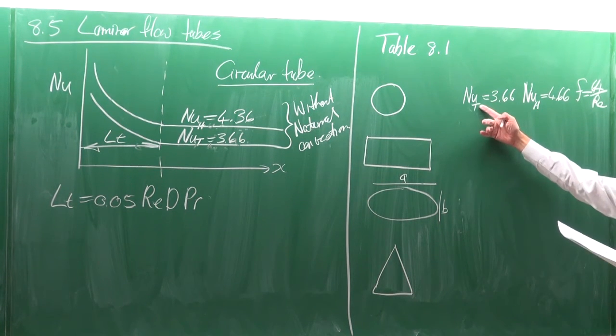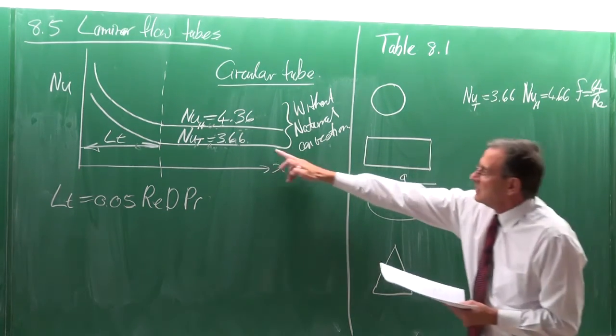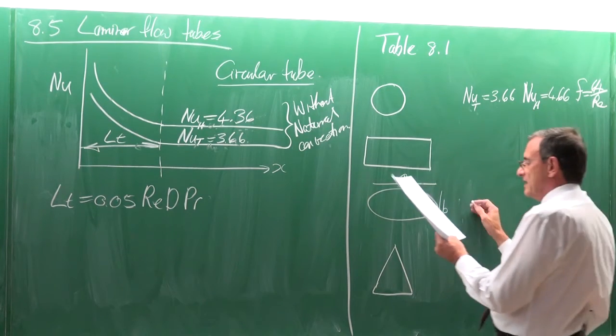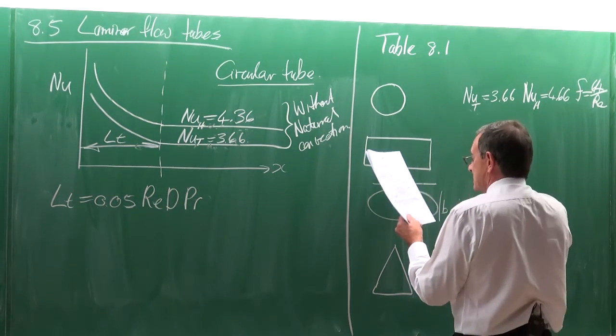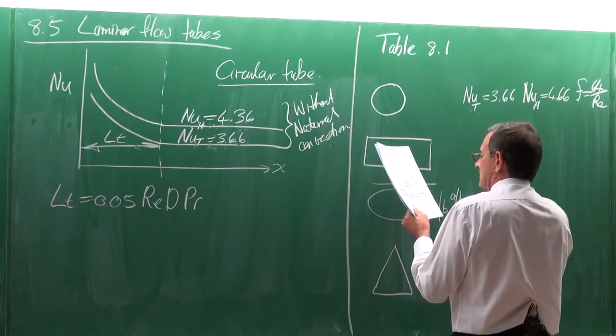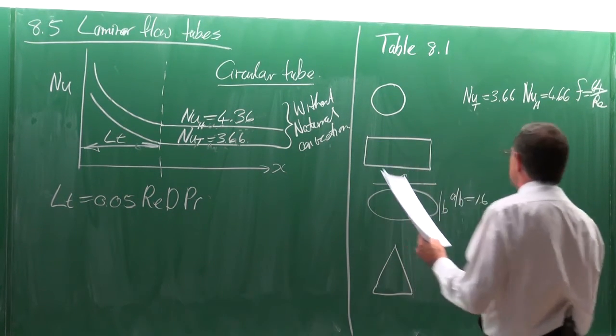For constant wall temperature, 3.66 as indicated there. For constant heat flux, 4.66. And then the friction factor is 64 divided by the Reynolds number. Okay. And then for an ellipse, just as an example, for the case where A divided by B is equal to 16.